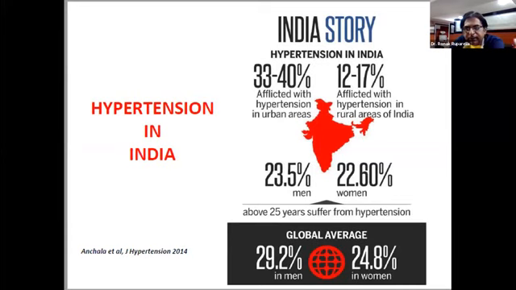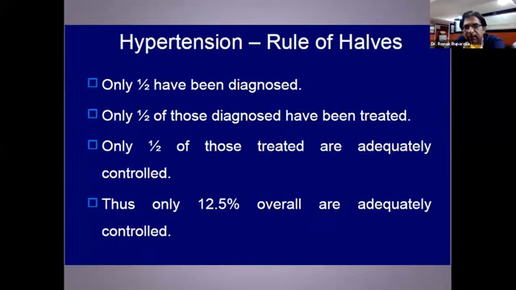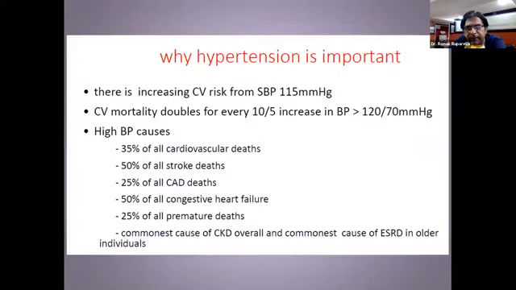It is more in the urban areas as compared to the rural areas. All of us are familiar with the rule of halves, that only half are being diagnosed, and half of those diagnosed are treated, and half of those treated are adequately controlled. So there is 12.5% overall control. So why is hypertension important?